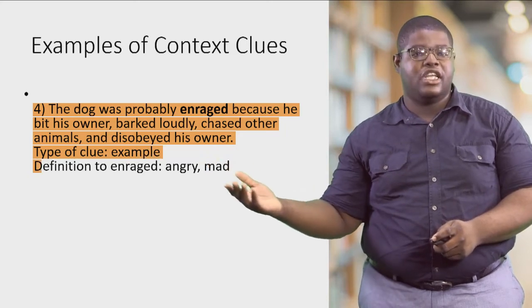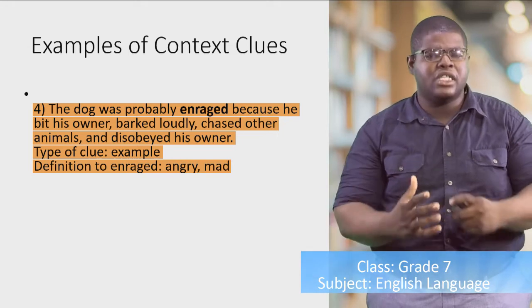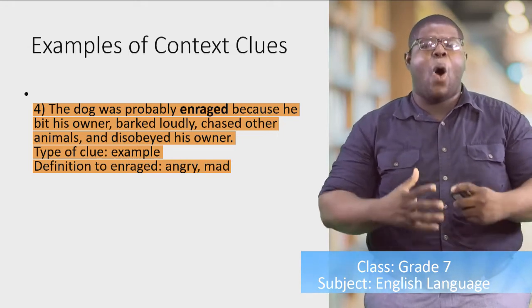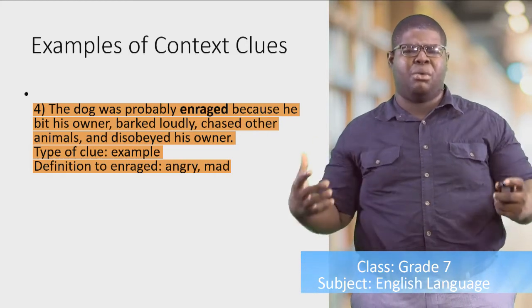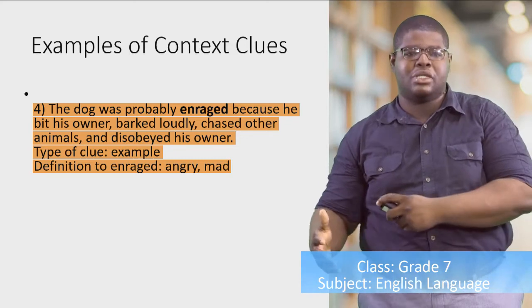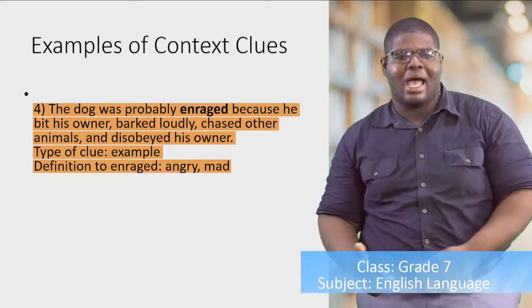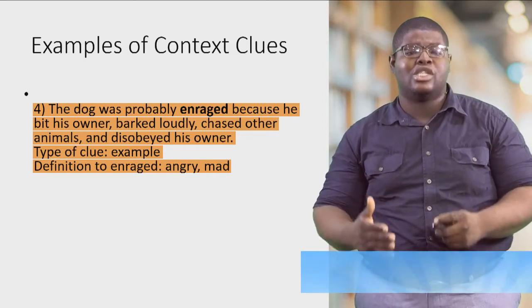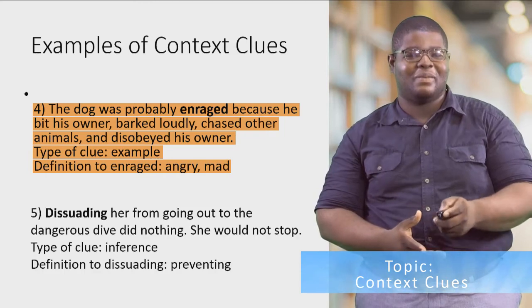Example. Definition to enrage: angry or mad. So the examples provided help you to understand the meaning of the unfamiliar word. So he's enraged. You probably ask, enraged? Oh, that could be enraged. But then we see what? We have the examples there. What? He bit his owner, barked loudly, chased other animals, and disobeyed his owner. Do you think you're getting it? I really hope that you are.